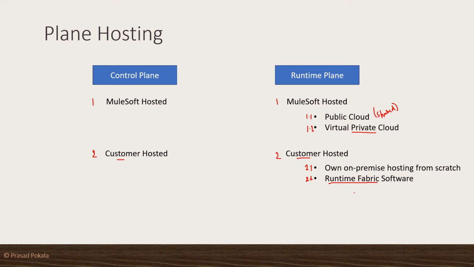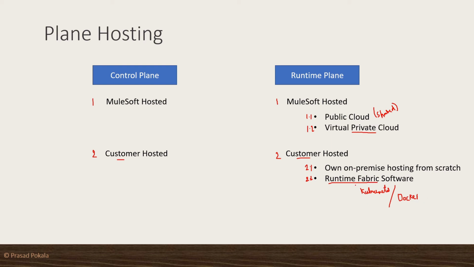But whereas the Runtime Fabric, how it helps is, it comes with a Kubernetes cluster and Docker container concept. Okay, it doesn't come with the physical Kubernetes cluster or Docker container. It comes with the technology of that. Meaning the customer still has to have their Kubernetes cluster and Docker containers set up and have those resources.